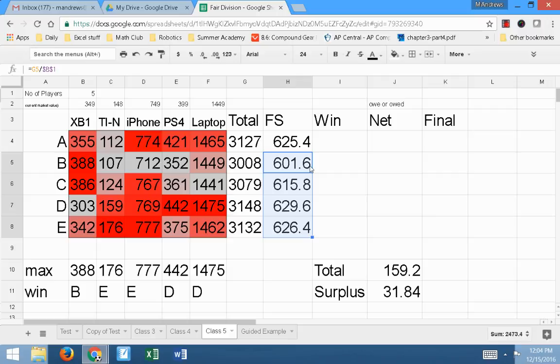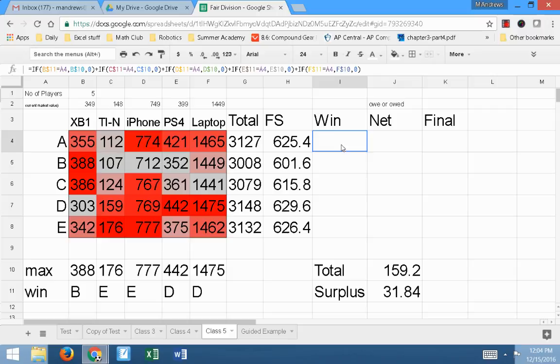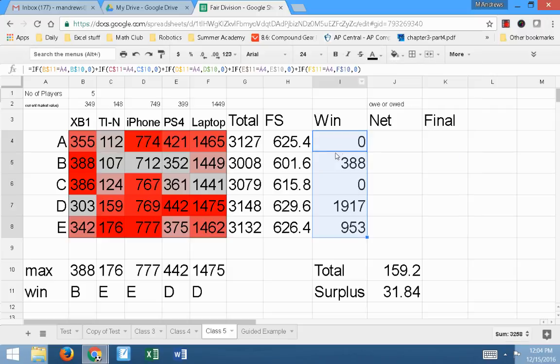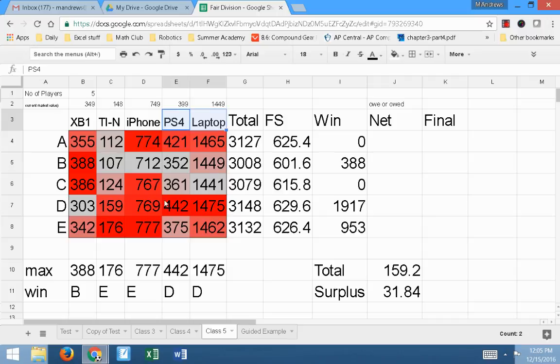If all of this, say for instance, was broken up into cash, we then look at who won what and how much all of it is worth. So player B won the Xbox One at 300 value, that their belief value at $388. Player D won both the PS4 and the laptop at a total of almost $2,000, and so on.